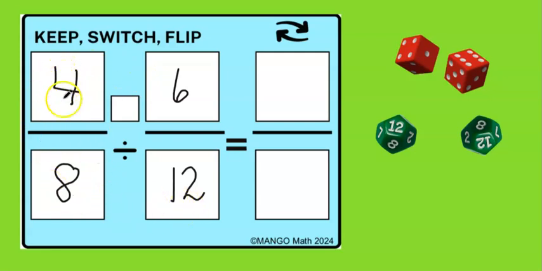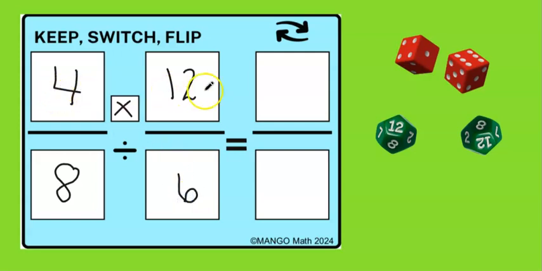So I'm going to keep this first fraction. I'm going to switch the division to multiplication, and then I am going to flip the 6 and the 12. So I'm going to make this a 12 and this a 6.